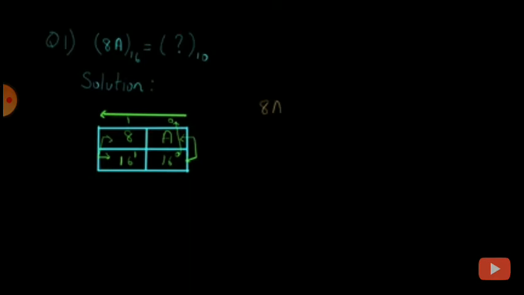So here's the calculation. 8A in hexadecimal is equal to 8 into 16 raised to 1 plus A into 16 raised to 0. Now you must be wondering how to multiply A into 16. Well, that's what we saw the table for. Now we know the value of A is actually 10.